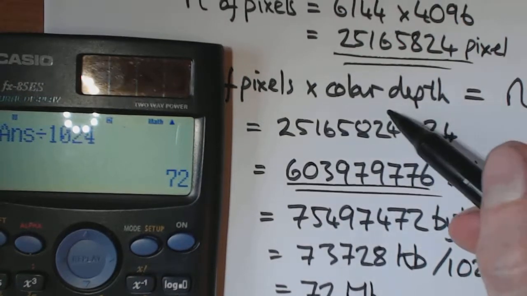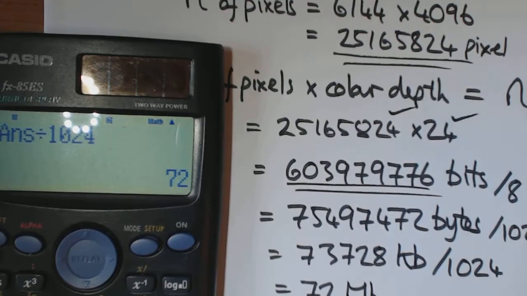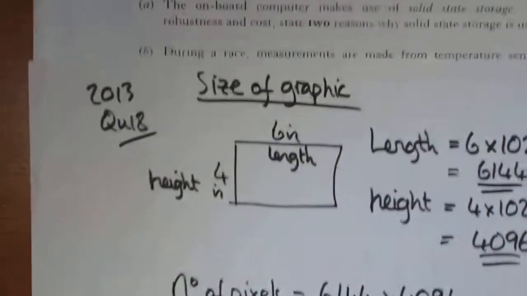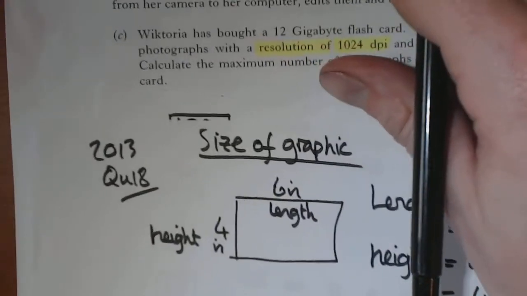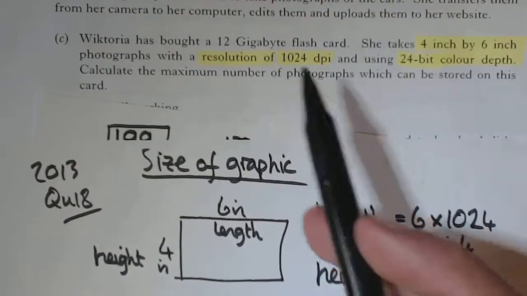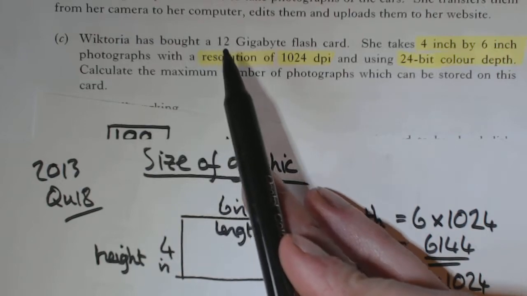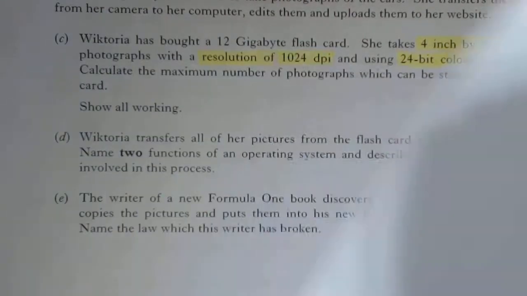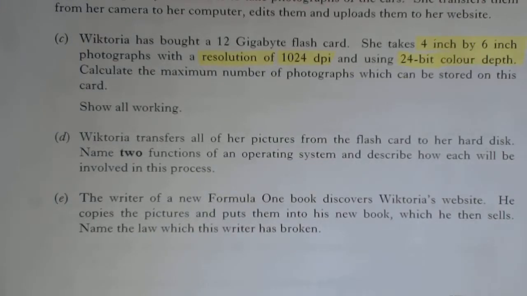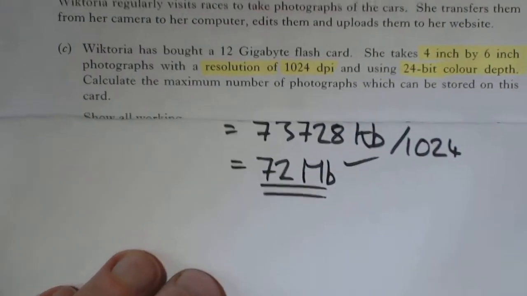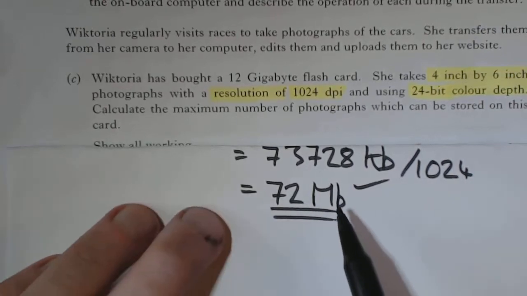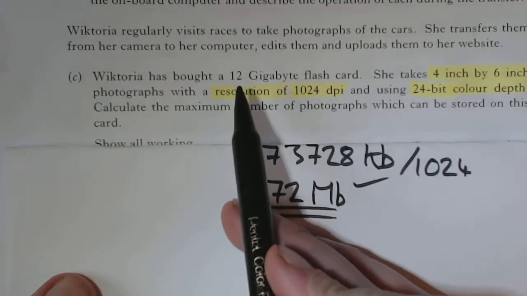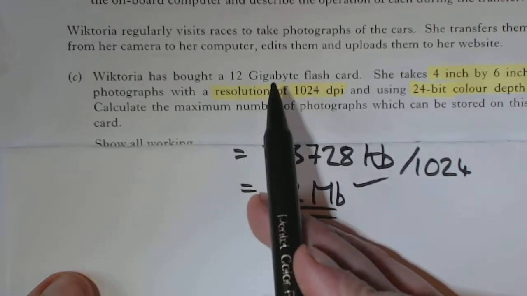Generally speaking, you get a wee mark for that, and a mark for your final answer. However, we've thrown you another wee mark, which is how many pictures can you get into a 12 gigabyte flash card? So with 72 megabytes per picture, it'll be easier if we convert the card into megabytes.